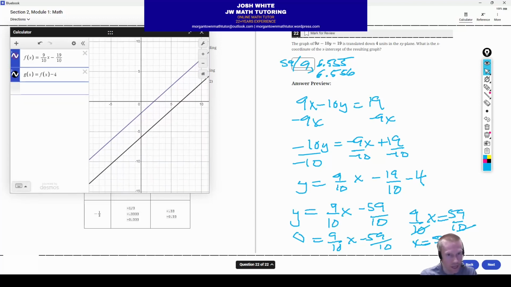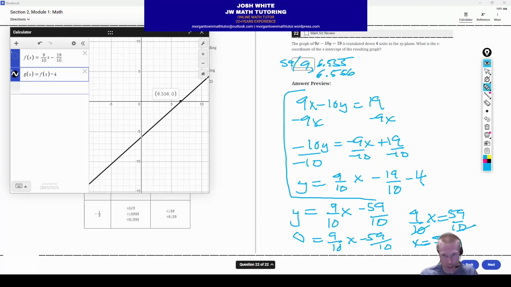So I do that, and now what is my x-intercept of my new line, g of x? Oh, 6.556. There's my answer. So in this approach, you still have all of the work, at least in the first half. You don't have to do the second half of the work, but you still have to do from here to here because you need to get it into slope-intercept form.